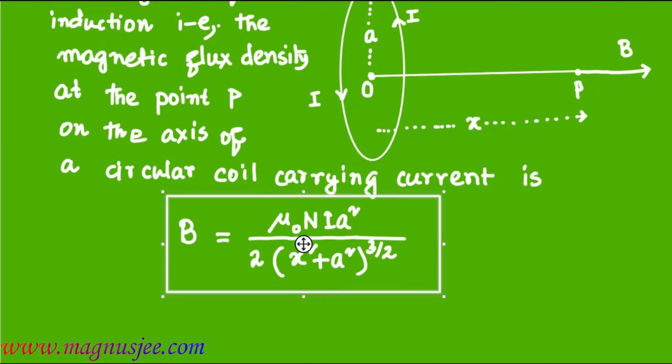So we get B equal to mu0 N I a square divided by 2 times bracket x square plus a square bracket close to the power 3 by 2, which is equation 1.